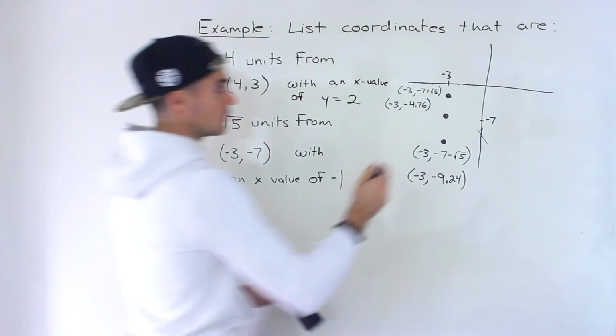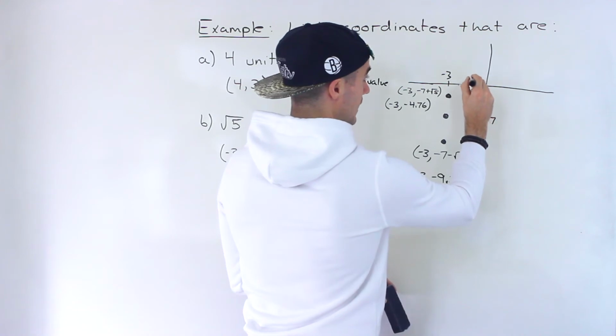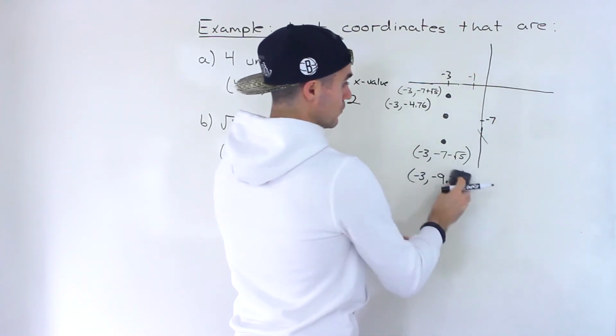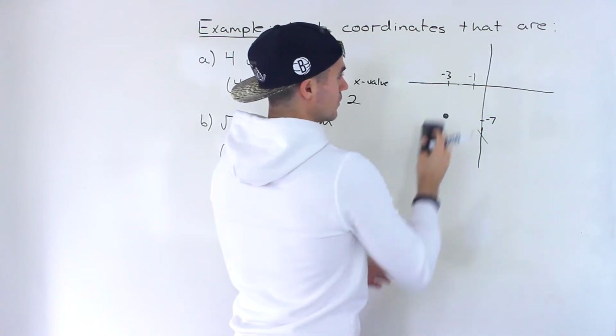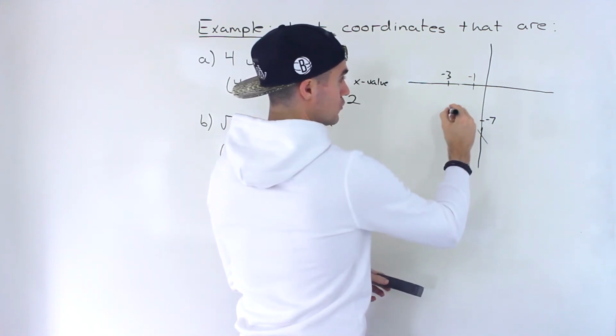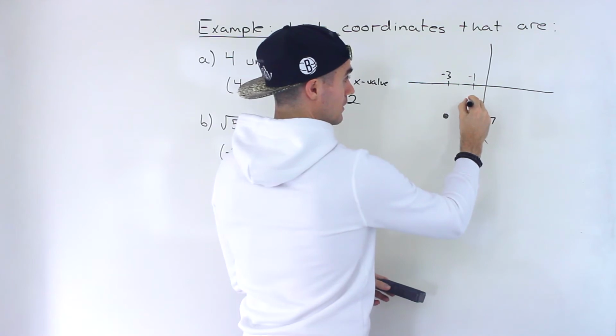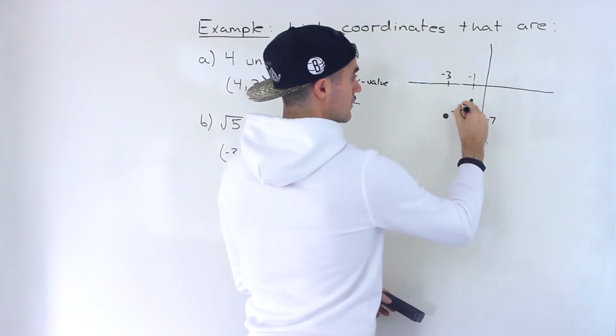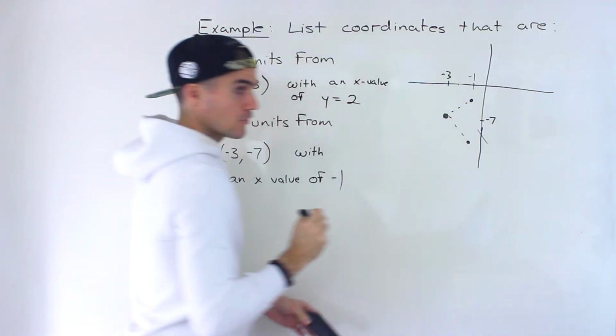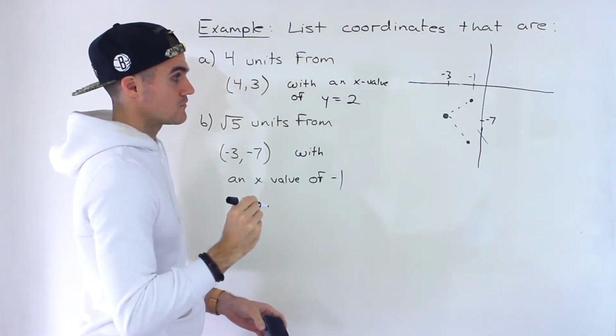Now we have to have an x value of -1. So root 5 units is either going to be a point over here, or a point down here. Both of those lengths are going to be root 5 units.